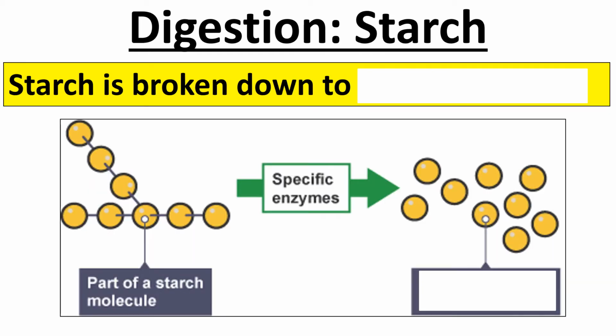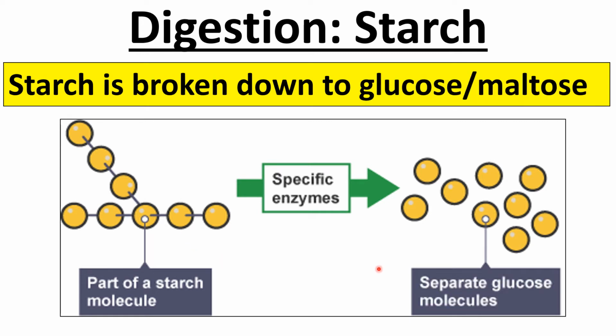So some of these you might know. Starch is potatoes, chips, rice, many things, and here it is on the left hand side. A large molecule too big to get into the blood, so it is broken down to glucose and maltose. You can see that they are smaller.